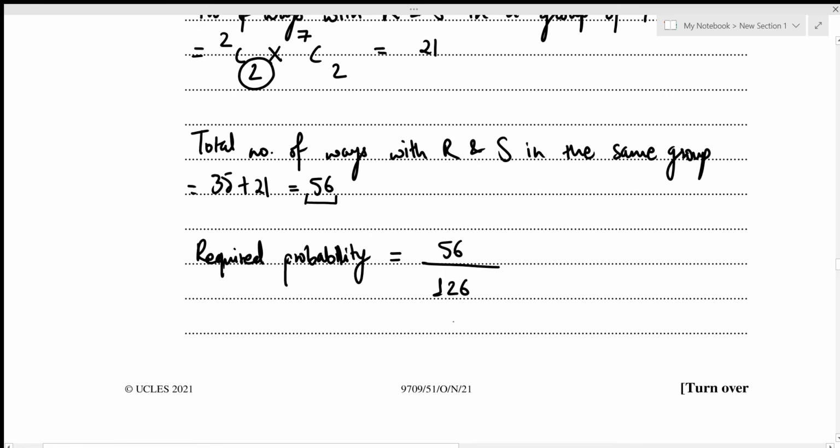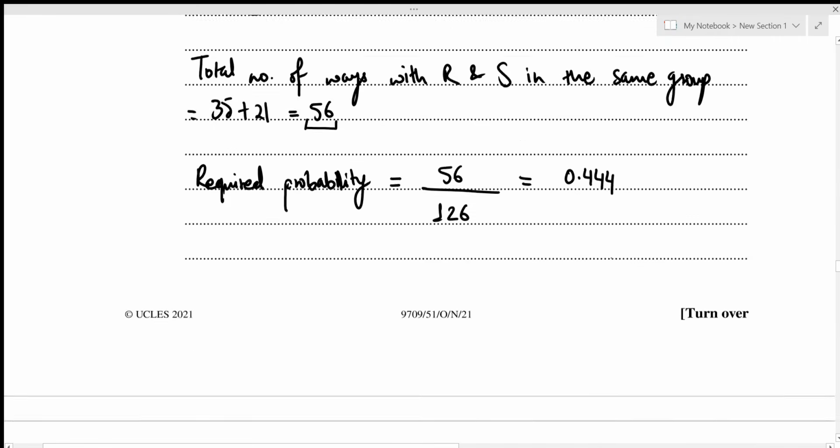That's the total number of ways of division into 2 different groups, a group of 5 and a group of 4. This gives us the total probability of 0.444. That's going to be our answer. This concludes the 5th question. Let's move on to the 6th one.